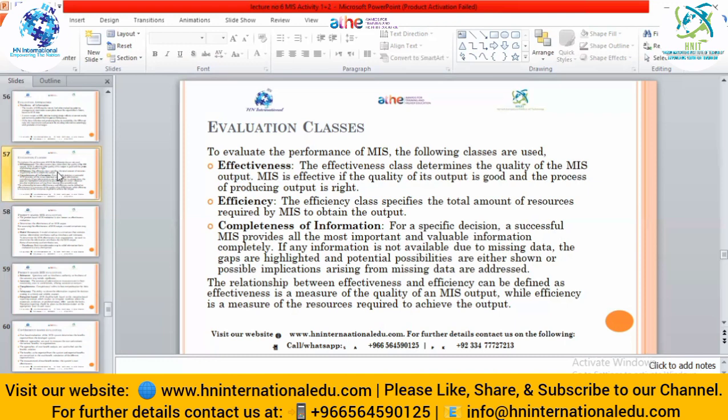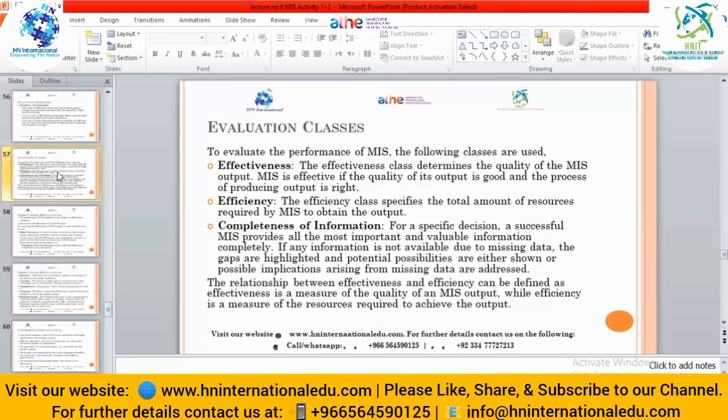Like, if our information system is taking a lot of budget but not producing much as output, we cannot say that it is an efficient management information system. Or if the time taken by the management information system is a lot, and we can do that work in less time and in a more effective way. So we have to check whether our management information system is efficient or not.